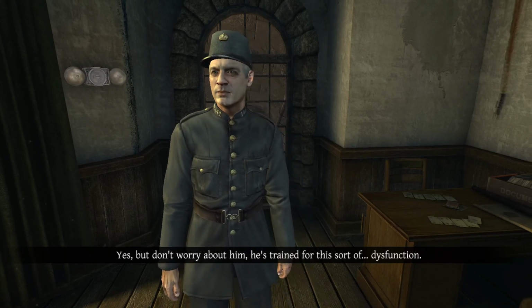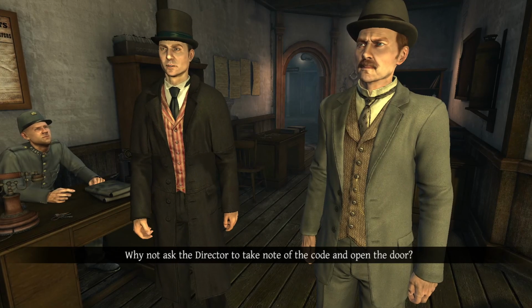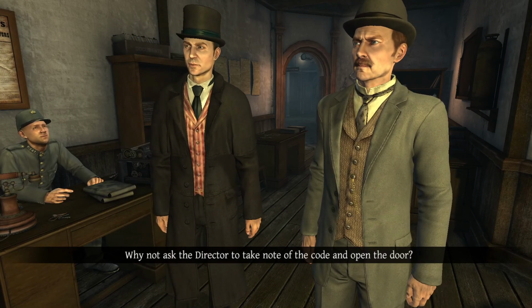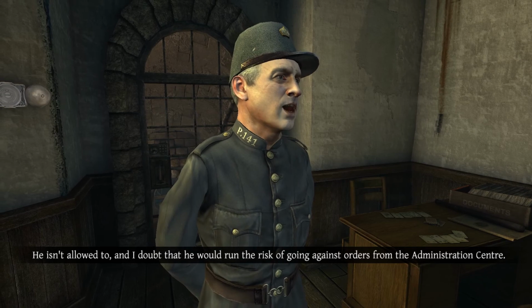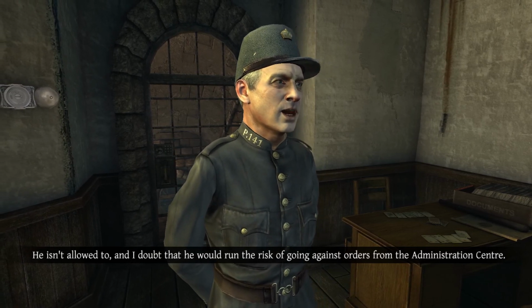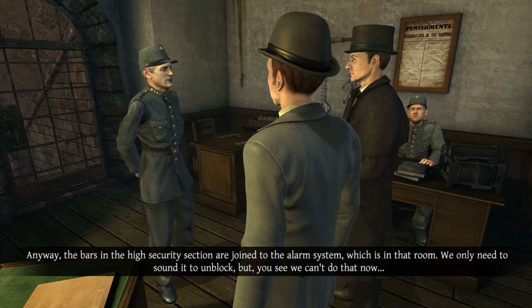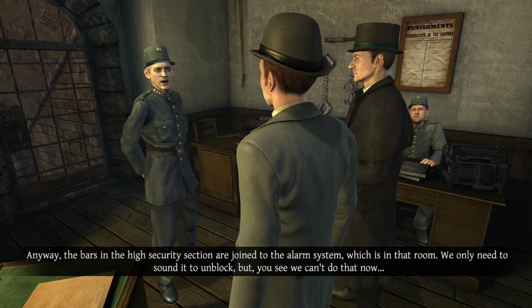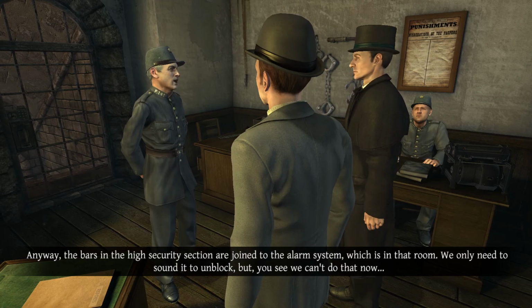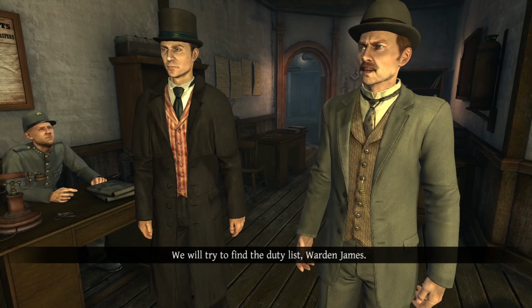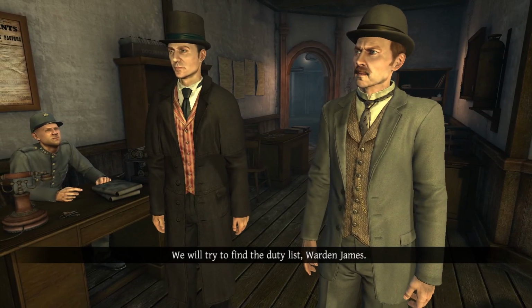He's trained for this sort of dysfunction. Why not ask the director to take note of the code and open the door? He isn't allowed to, and I doubt that he would run the risk of going against the orders of the administration centre. Anyway, the bars in the high security section are joined to the alarm system, which is in that room. We only need to sound it to unblock, but you see we can't do that now. We'll try to find the duty list, Warden James.